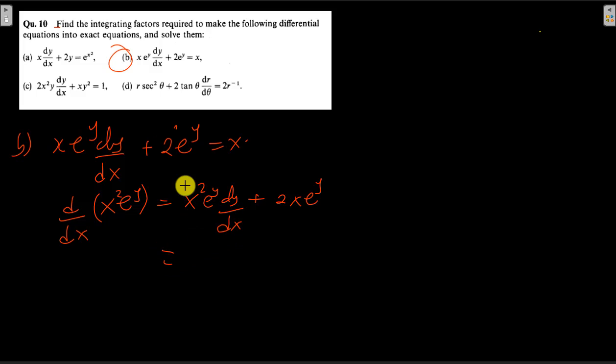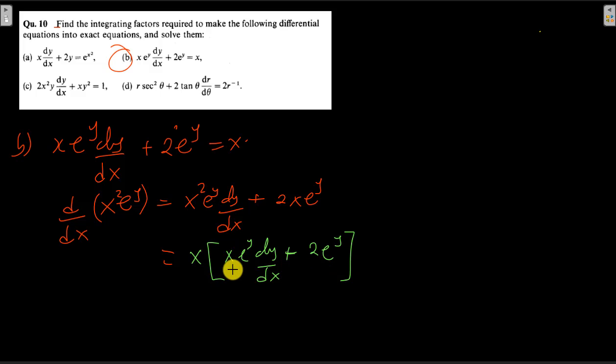So if you look at this equation, we could actually factorize out. I think x is a common term that can be factorized out because our original question does not contain x here. So let's pull out x. Okay, that's going to be x exponent y dy dx plus 2 exponent y.